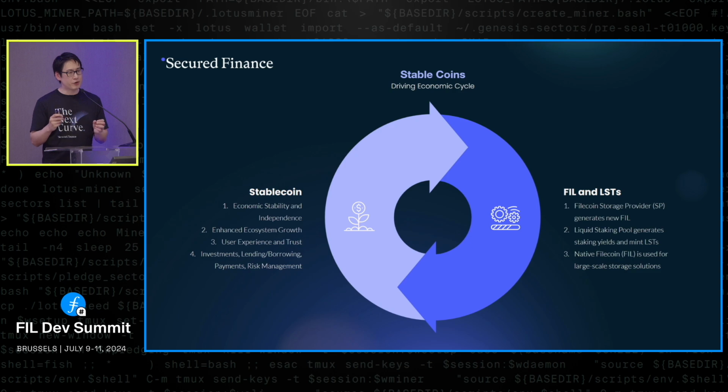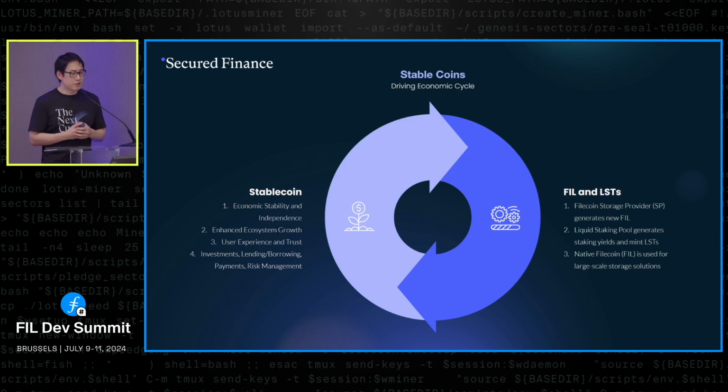Also, native Filecoin is supposed to be used for large scale, like petabyte, exabyte scale data retrieval or something. But on the other hand, when we have a stablecoin in the entire ecosystem, it brings economic stability and also economic independence, because we don't really depend on external services or blockchains, because we have internally the dollar value, which is the stablecoin.